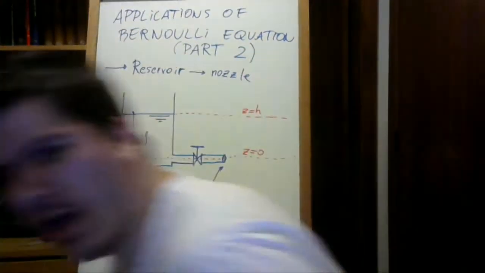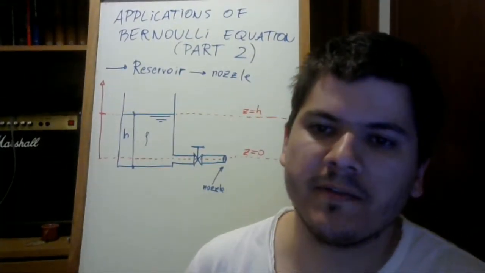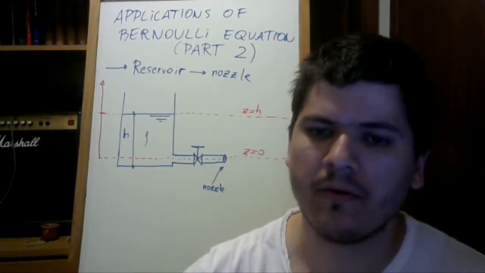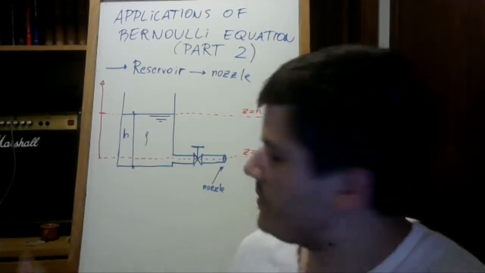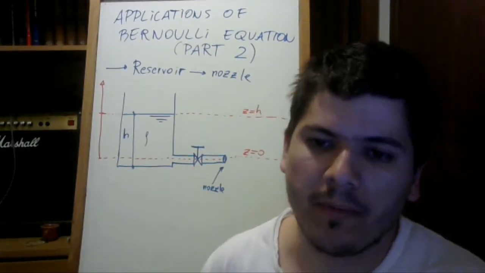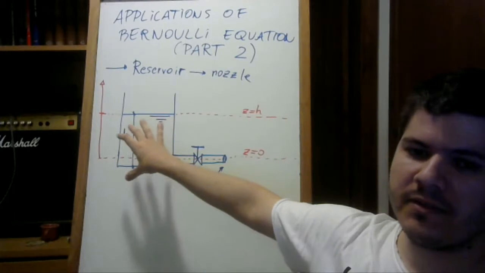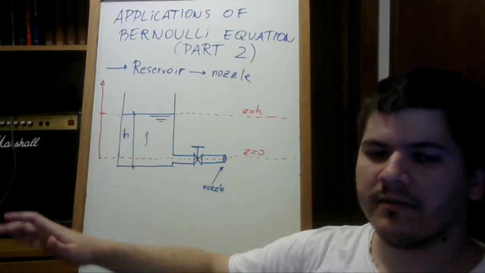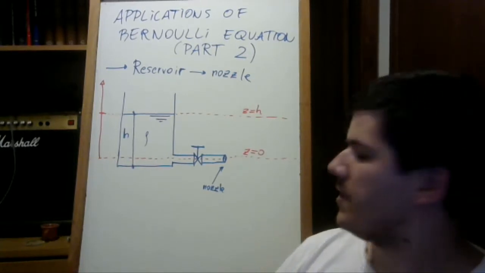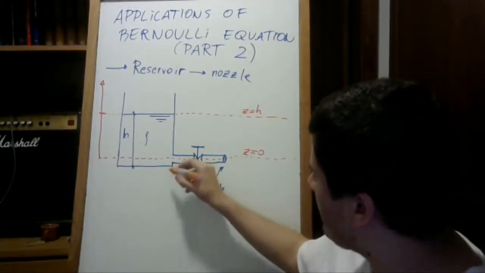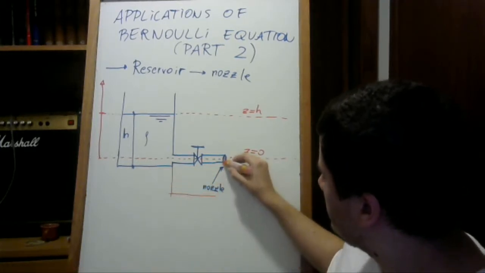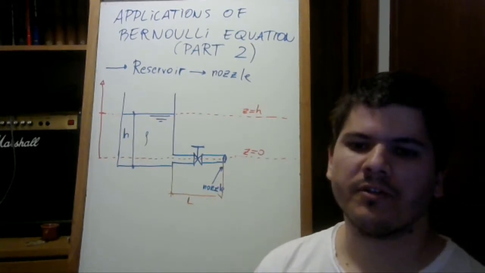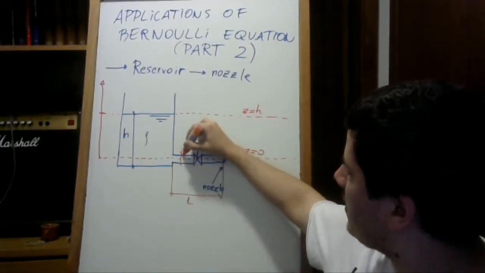So what will happen in this particular case? Think about it for a little. Well, when we open this valve here, what will happen? Of course, we'll consider that this reservoir is much larger than this pipe length, and of course much larger than its diameter.